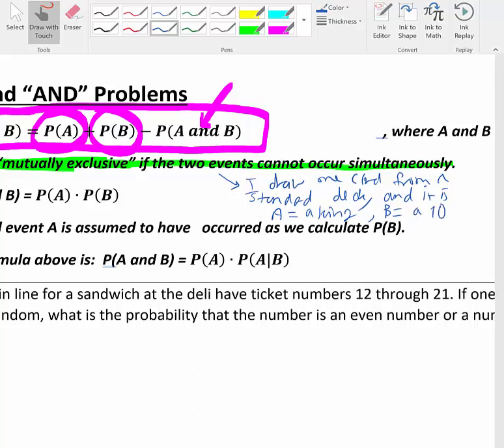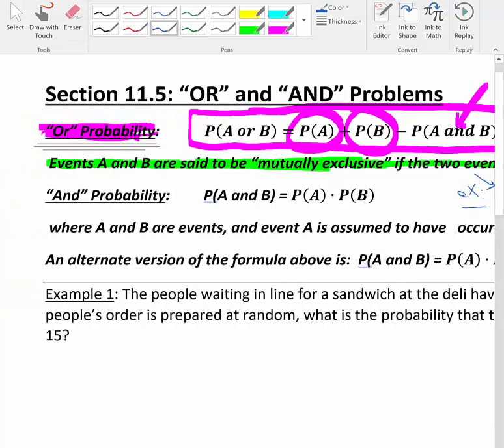Those are mutually exclusive because you can't have a king and a 10. A card's either a king or it's a 10. It's not both. We're not really going to worry about it too much, but just in case you see it in the homework. Okay, so we've got "or" probability down.